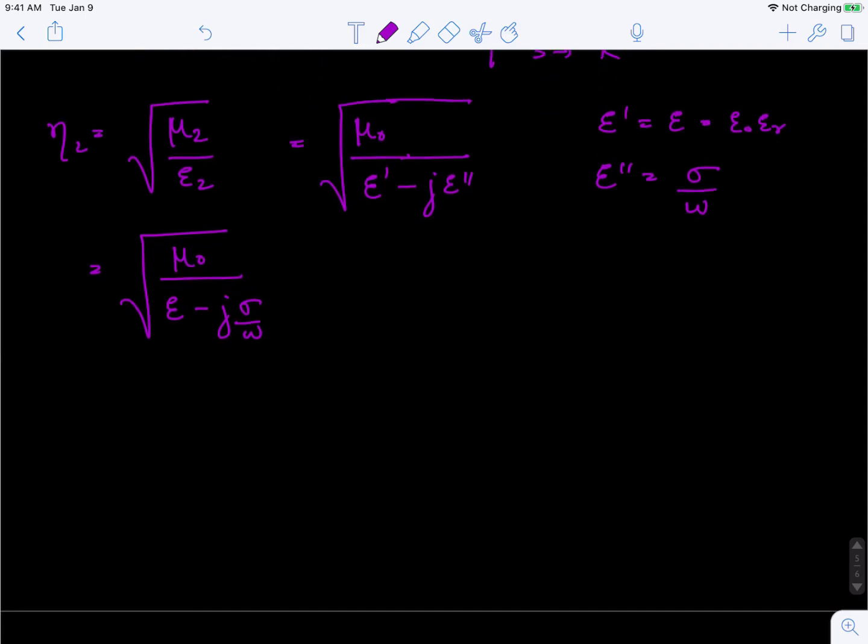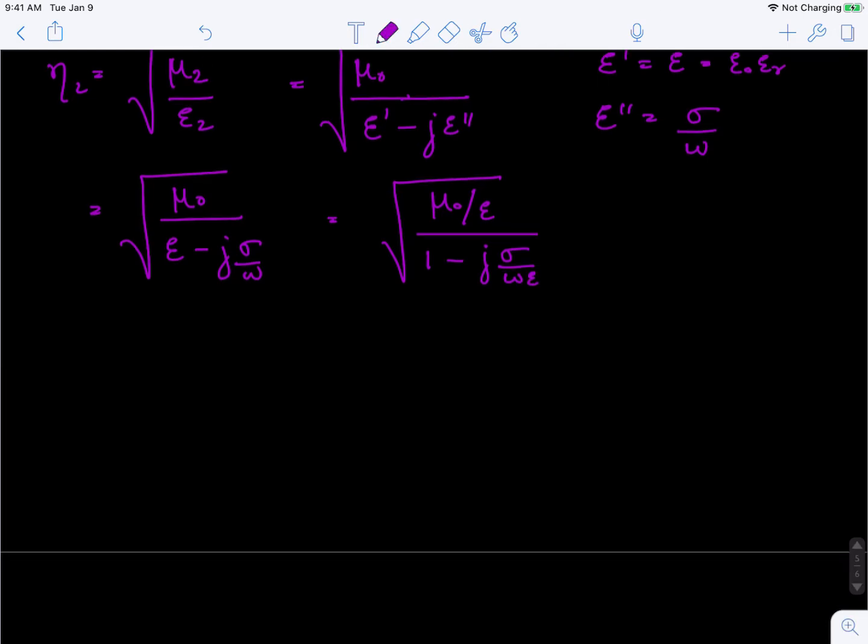So let's try a simplification here: divide both the numerator and denominator by epsilon. That is going to give us mu naught by epsilon divided by 1 minus j sigma by omega epsilon.